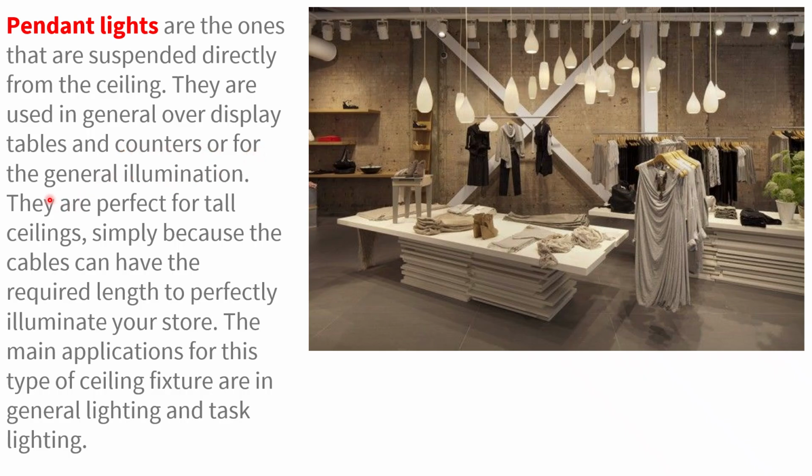They are perfect for tall ceilings simply because the cables can have the required length to perfectly illuminate your store. The main applications for this type of ceiling fixture are in general lighting and task lighting.